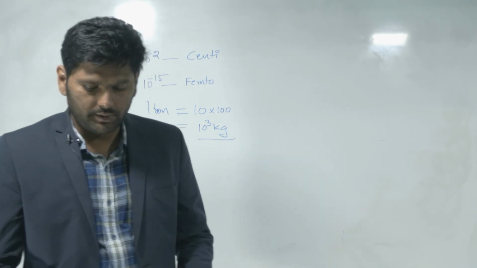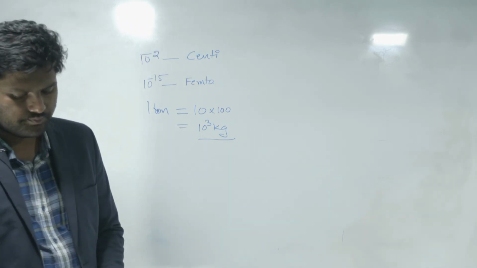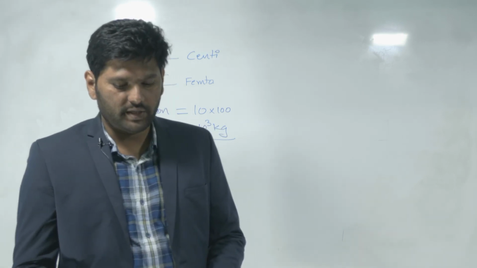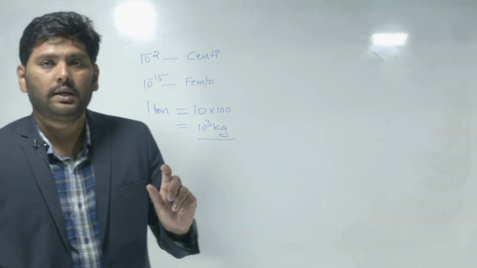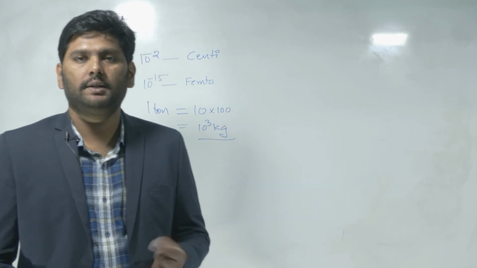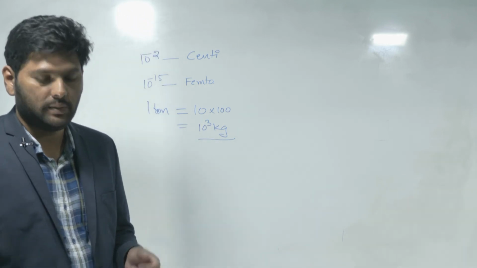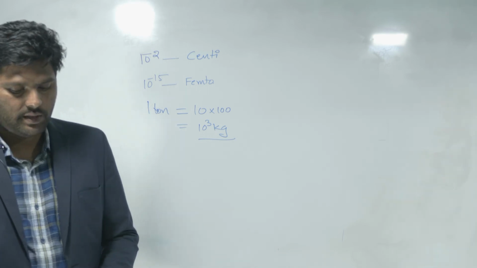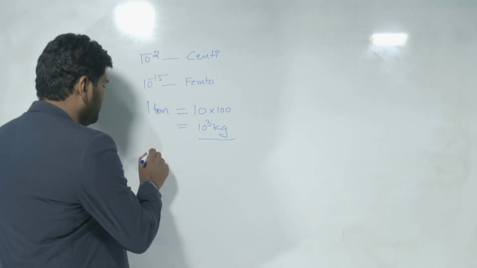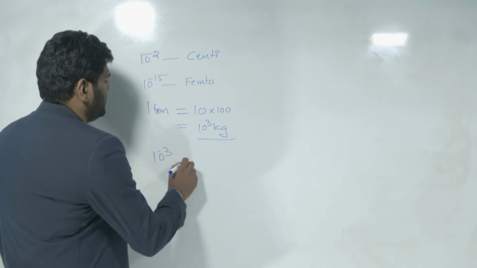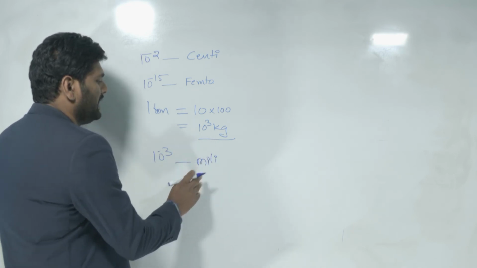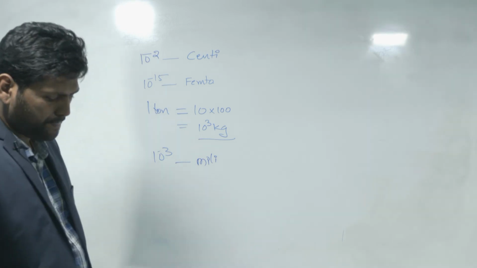So option 4 is correct. 10 power minus 3 is represented with the prefix, here prefix means the name of the submultiples. So 10 power minus 3 represents milli.